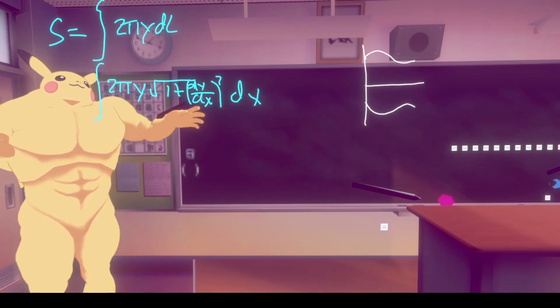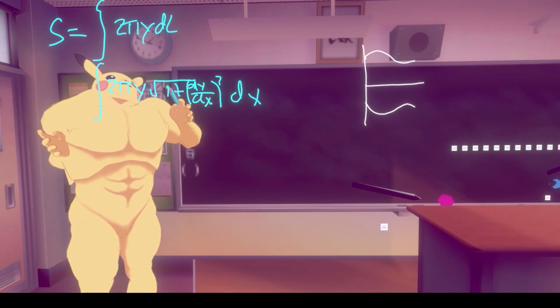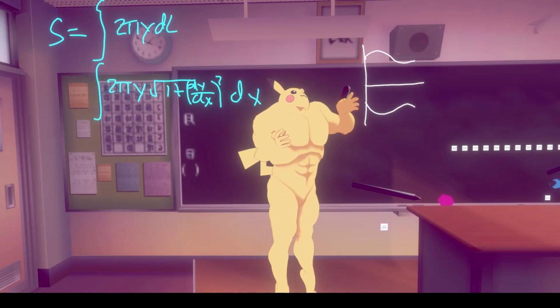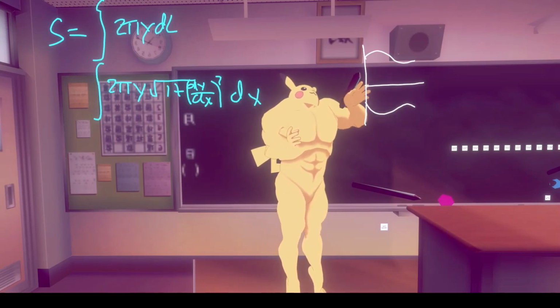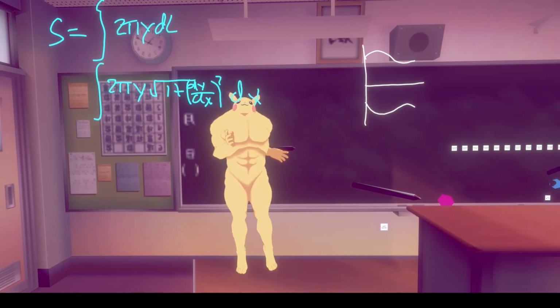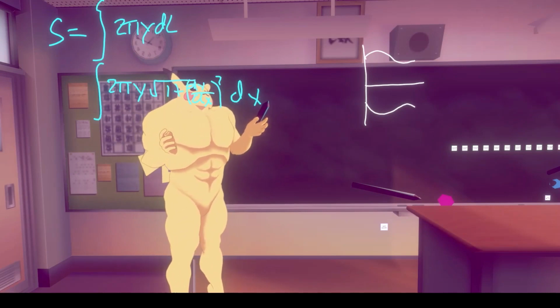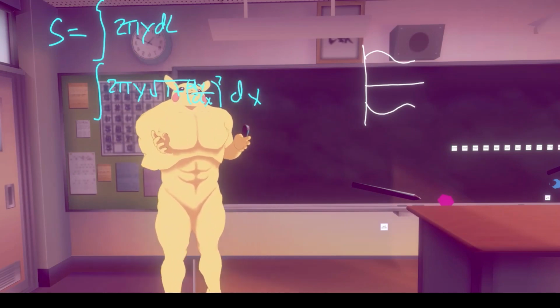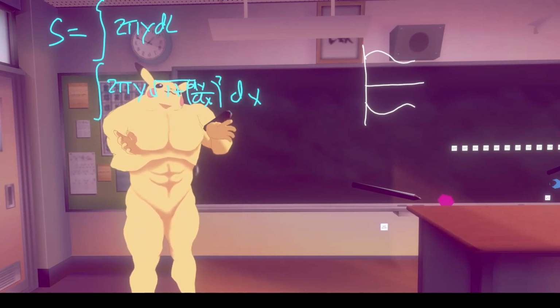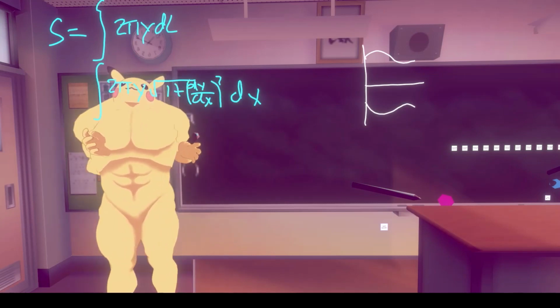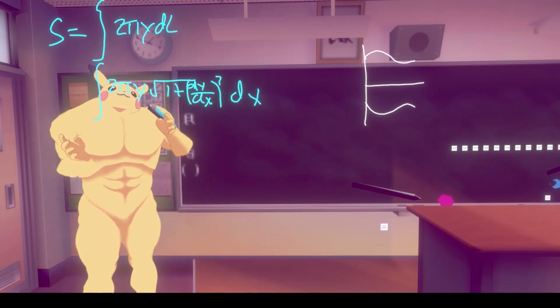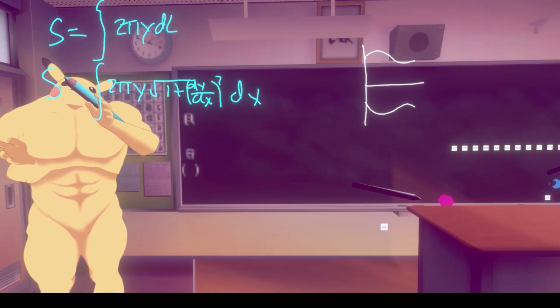And remember, we're using the dx form of the dl because the function is y as a function of x. If it were x as a function of y, we would use a dl in terms of dy. I'm sorry. Okay, so this is basically it.